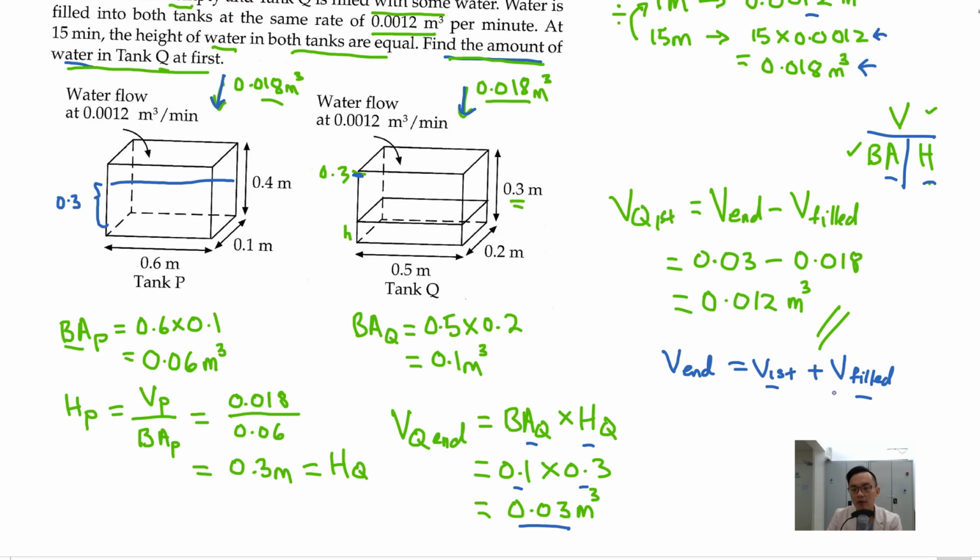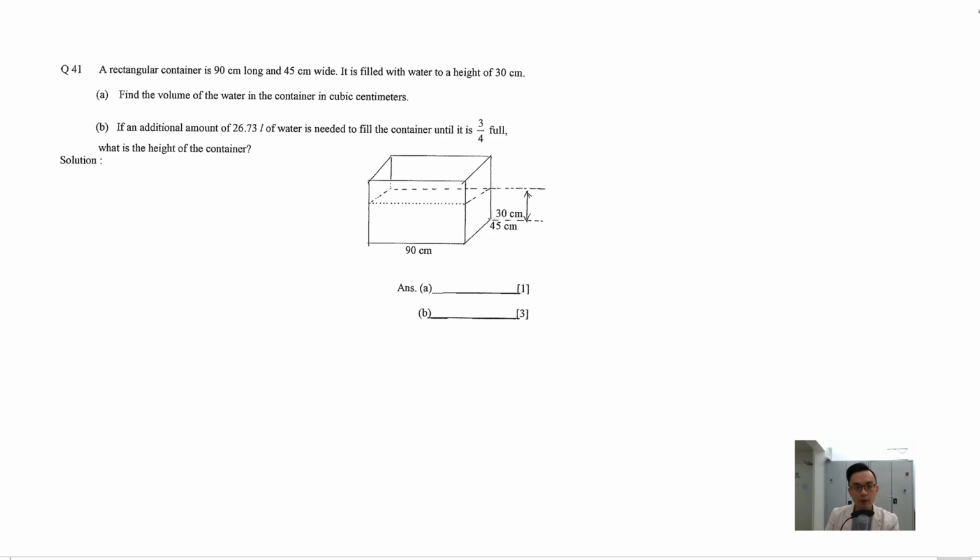So if I want to find the amount at first, then I need to move this from plus to minus. So it's the end minus the amount I filled. So in the end, I have 0.03 minus the amount I filled in, which was 0.018. So therefore, the amount at first was 0.012.